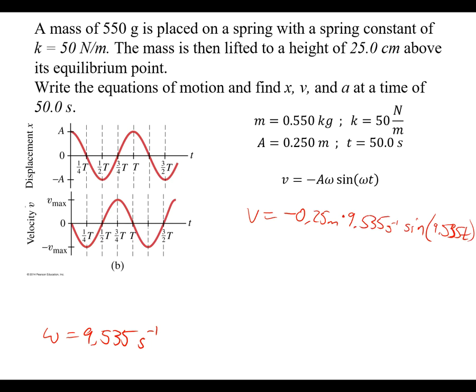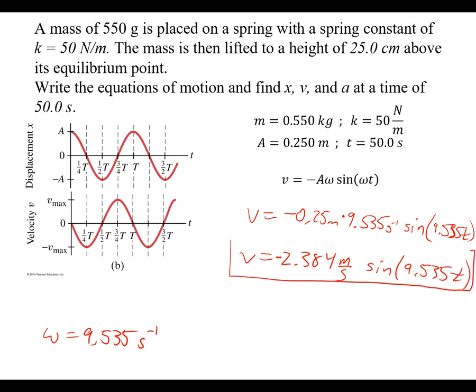0.25 times 9.535 gives us a value of 2.384. Negative 2.384 meters per second times the sine of 9.535 t. And so there's your equation for your velocity.